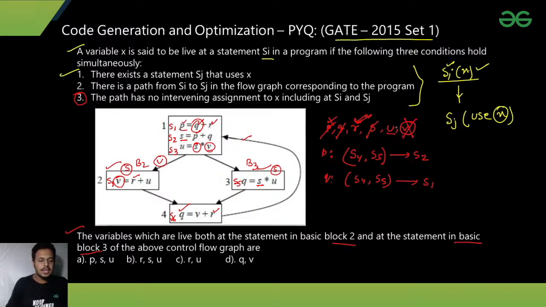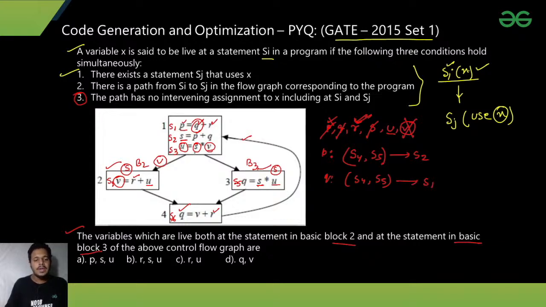Now only U is left, so we should check whether U is assigned or not. Here we find that U is not assigned, it is being used, and in statements S4, S5 and S6 the variable U is not assigned either. Now going forward, here we can see that U is actually assigned, not used.